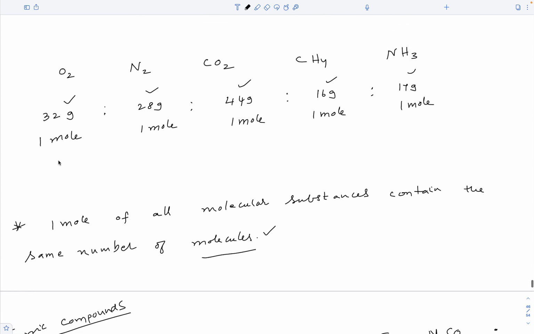Again, we can come up with names like 1 kilogram mole, 1 pound mole, 1 ton mole, etc. But these names are not as popular as gram mole or simply mole is. But these names are still used by some industries in different parts of the world. But we can ignore these names for our discussion.